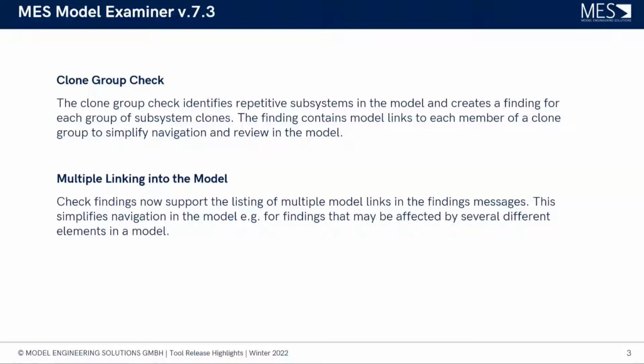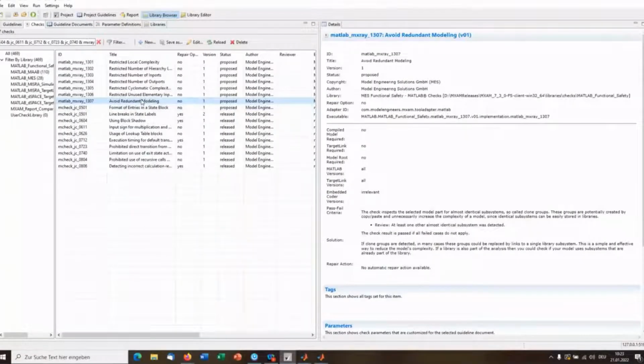Yeah, thank you for the introduction. Let's go over to the latest MXAM release. Completing the integration into MXAM with this release is now the availability of the clone group checks in MXAM.